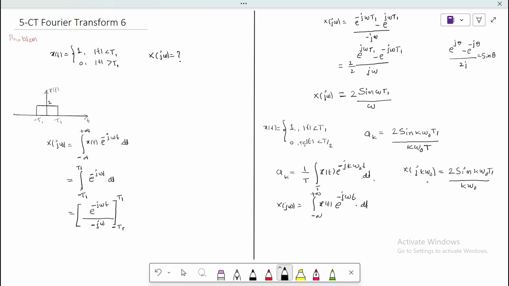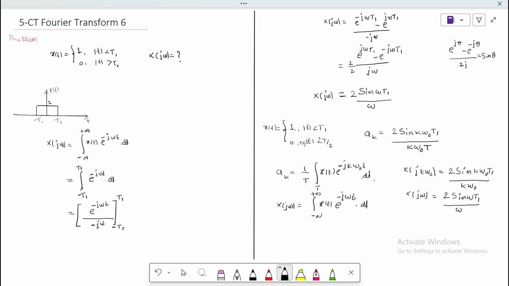Now replace k omega naught by omega. So x of j omega equal to 2 sine omega t1 by omega. Compare this one.